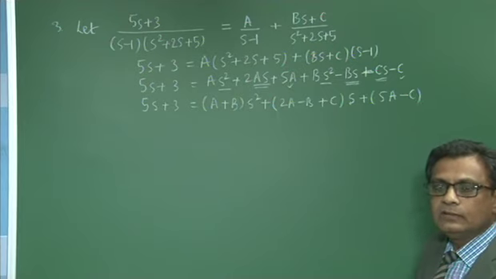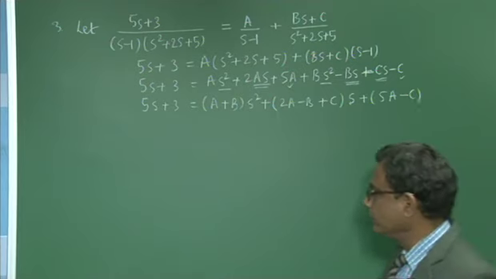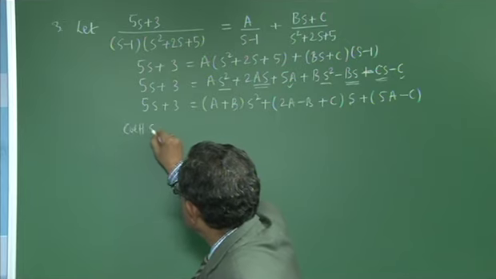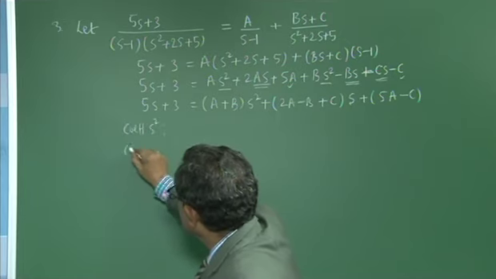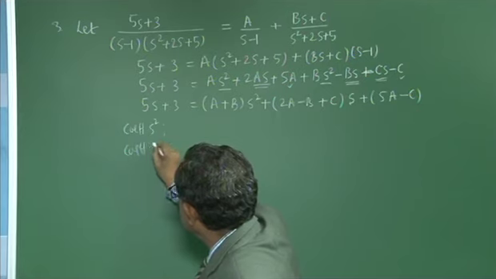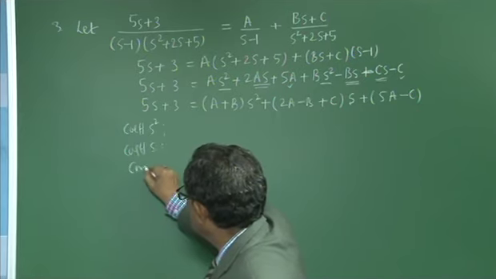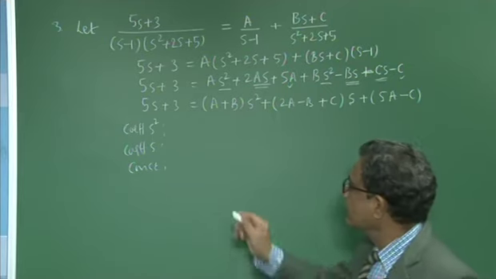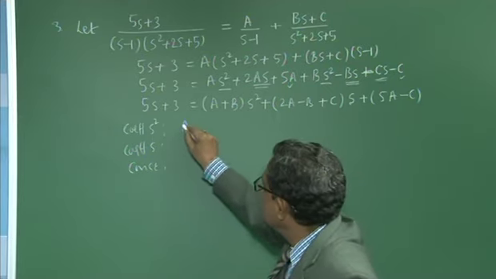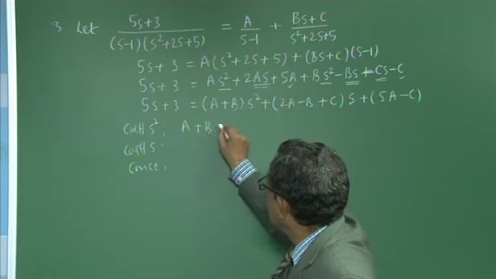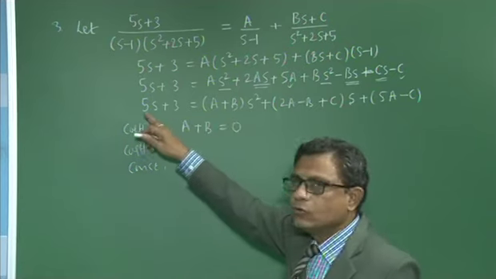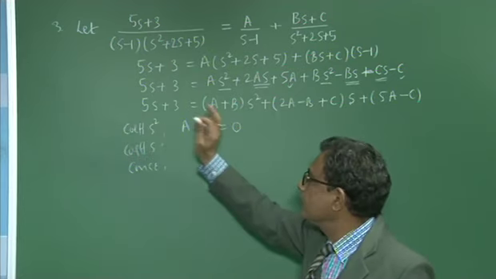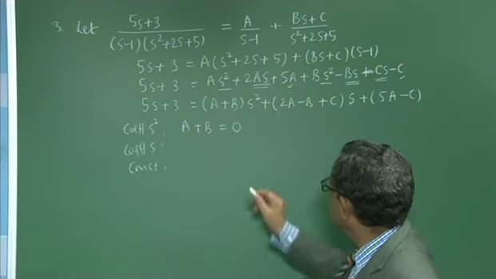Now equate the corresponding coefficients: coefficient of s square, coefficient of s, then the constant. What is the coefficient of s square? In the RHS it is a plus b. In the LHS there is no s square, so you can put it as 0.